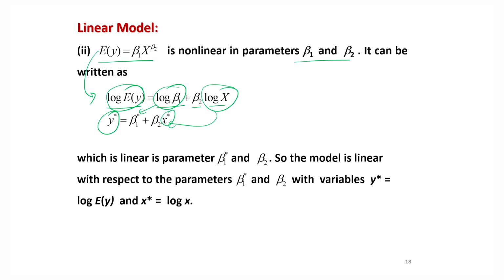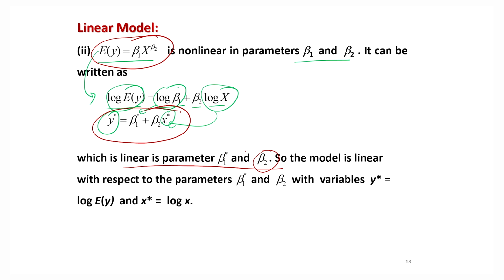But now you have to be very careful when you try to interpret this model. The original model is non-linear in parameters beta 1 and beta 2, so it is non-linear. But when you consider the model y star is equal to beta 1 star plus beta 2 times x star, then it is a linear model because it is linear in parameters beta 1 star and beta 2.